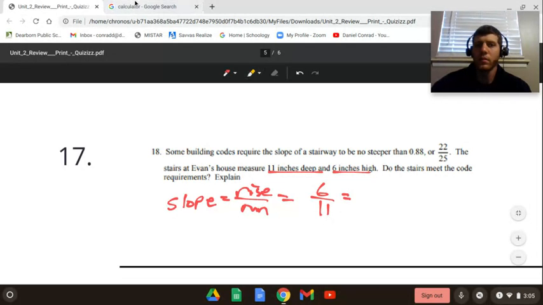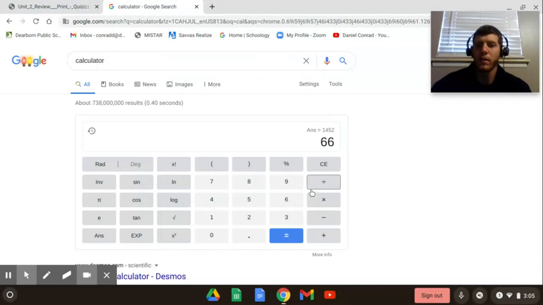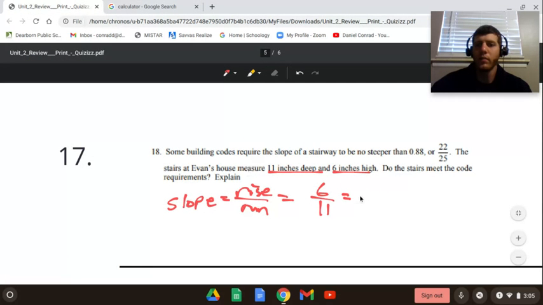Okay, so it doesn't look like it's going to meet requirements. 6 divided by 11 is 0.55. Okay, so.